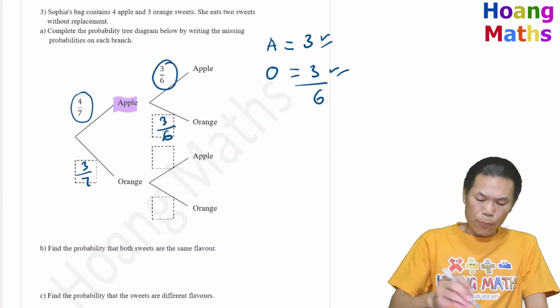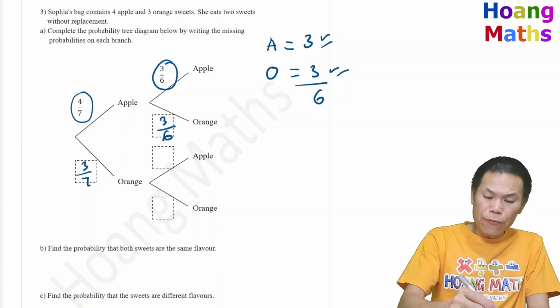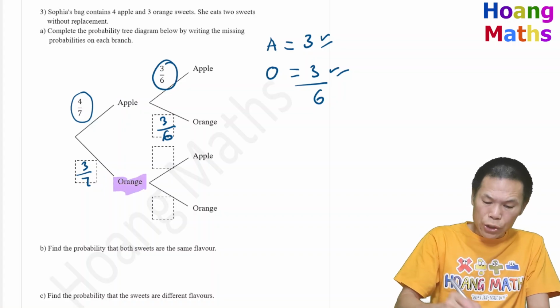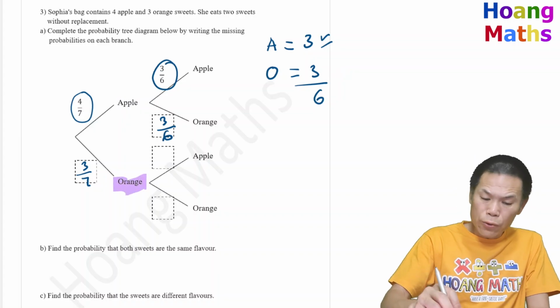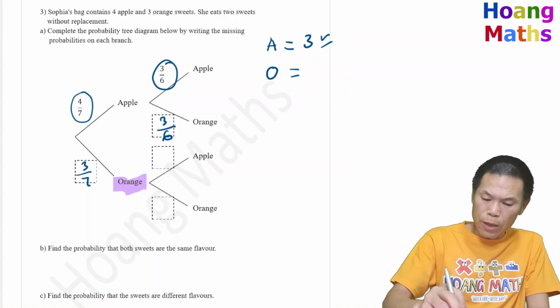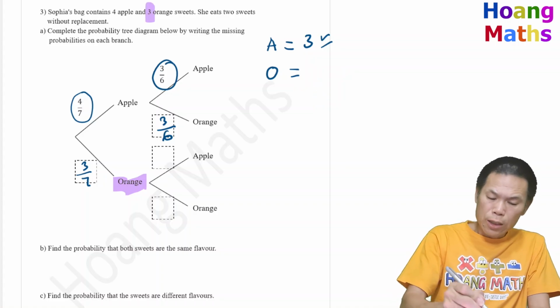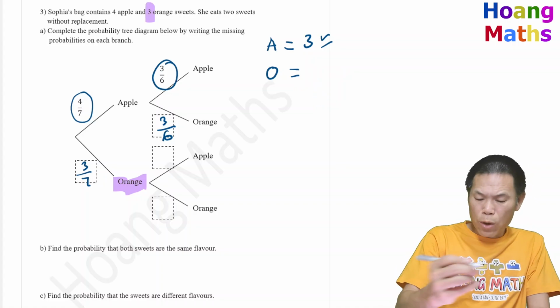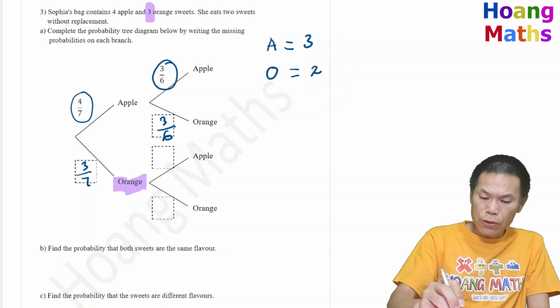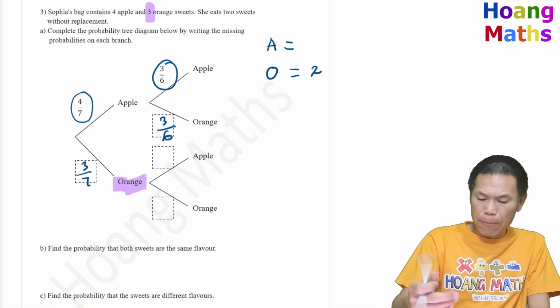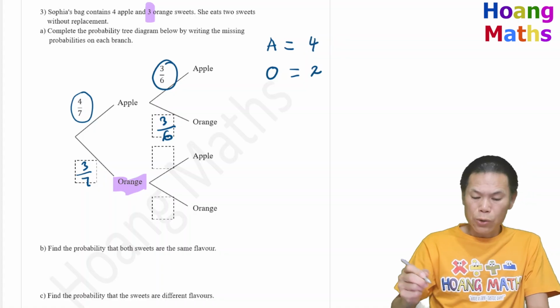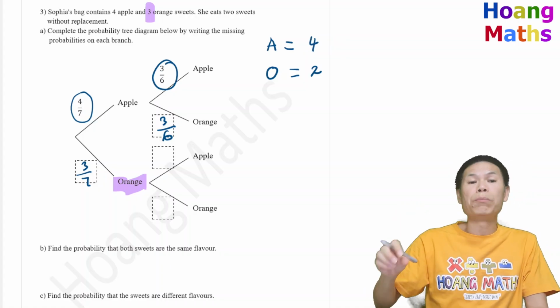So there you go. Now, if Sophia's first drawn is orange, that means orange 3 becomes 2. Keep that in mind because 3 and 1 being drawn out, that becomes 2 left. So now the apple 4 stays the same. Keep that in mind because 1 orange sweet has been taken out.